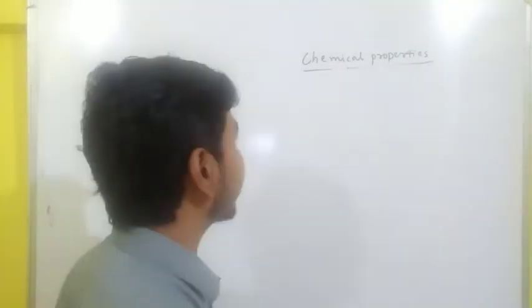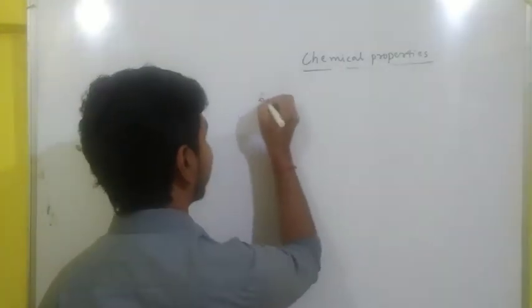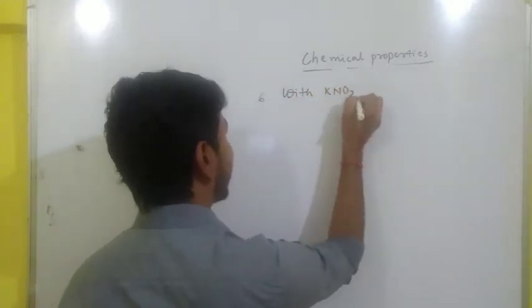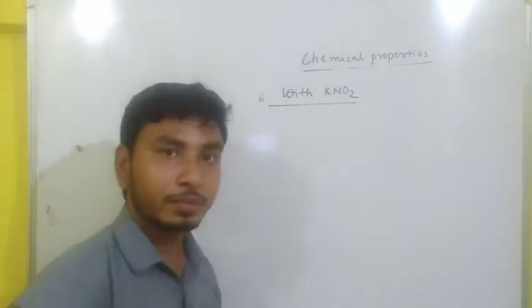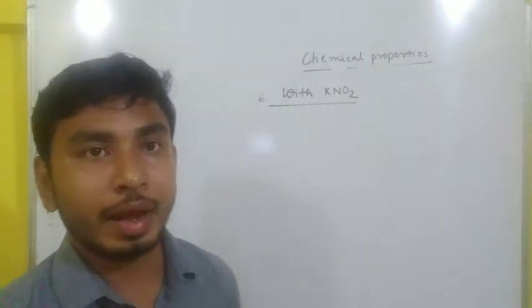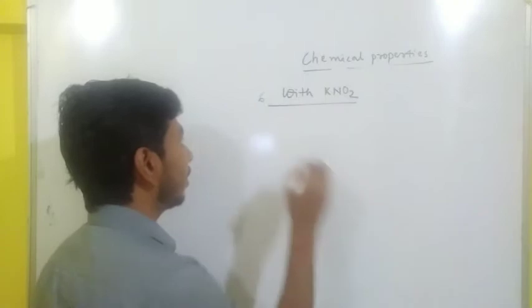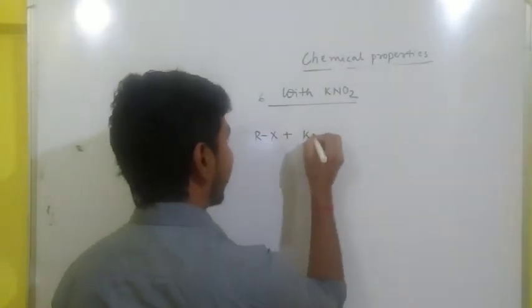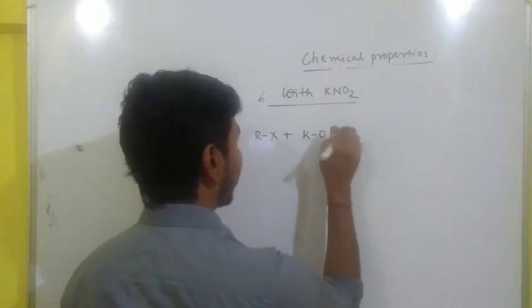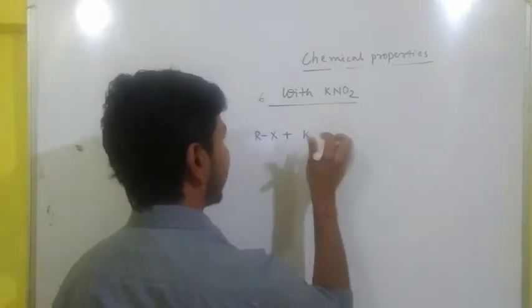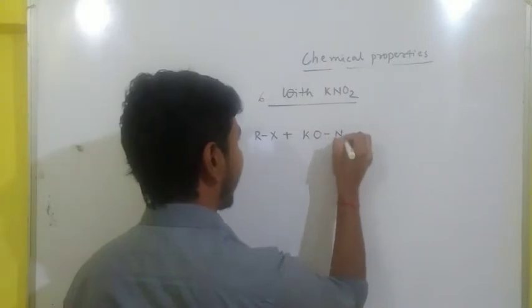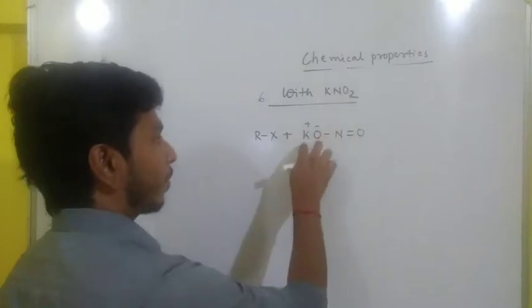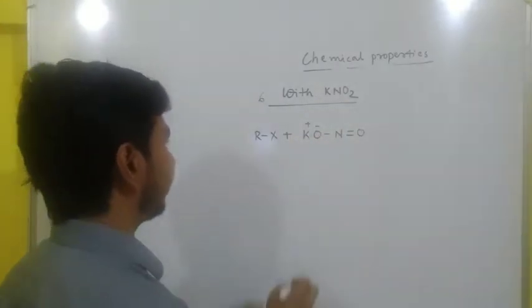Now our next reaction, number 6, reaction with KNO2. So alkyl halide RX plus KNO2 gives KONO.